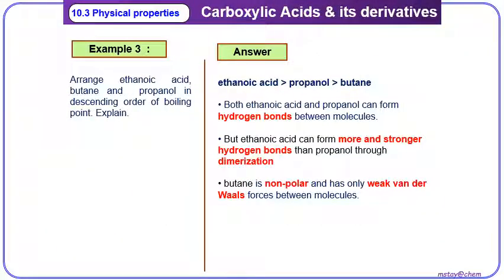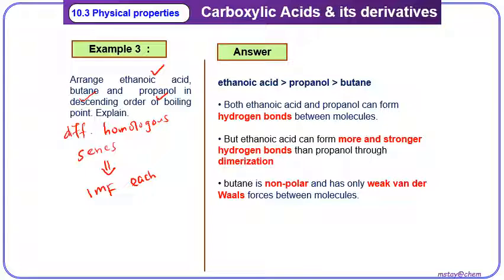Okay, another question. Here we have ethanoic acid, butane, and propanol. Basically they are all from different homologous series. So if they are from different homologous series, we need to identify the intermolecular force for each molecule first.